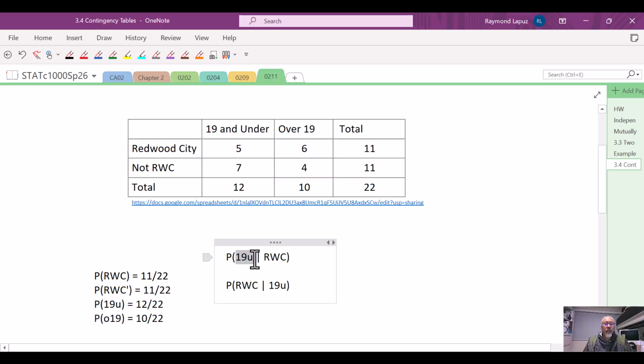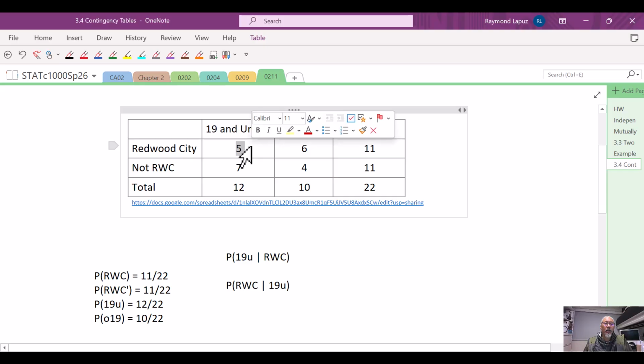The probability here is asking that we select a person who is 19 and under, given that they live in Redwood City. So let's assume that they live in Redwood City, and what's the probability that they are 19 and under? We ask ourselves how many people live in Redwood City, and there are 11 of them, and how many of them are 19 and under, and there are 5.